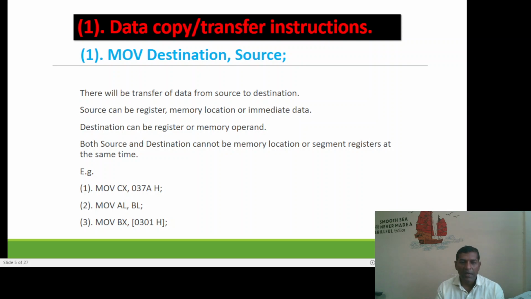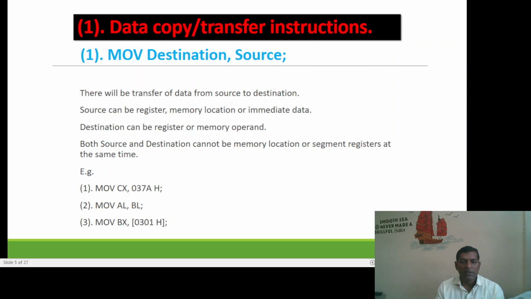This data has to be moved to the destination known as CX. So the move instruction will copy the contents 037A to the CX register. After executing this instruction, CX will hold the 037A hexadecimal contents.